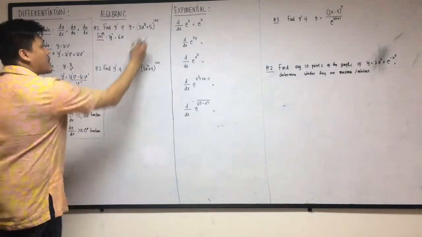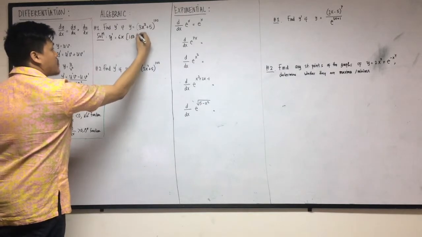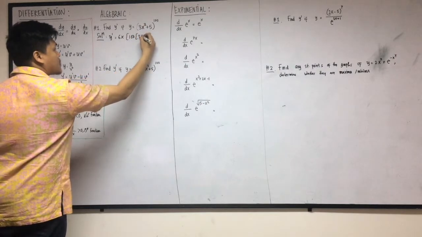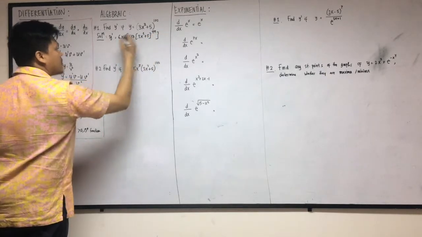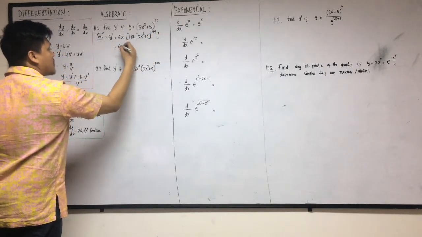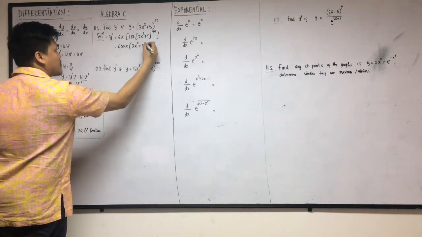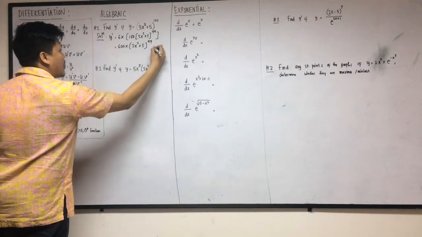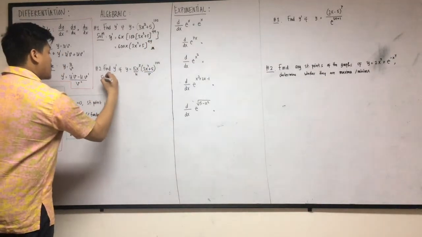And then the outer function would give you 100: you drop down the 100, of 3x squared plus 5 to the power of 99. And then you just simplify this, and you'll stop here.